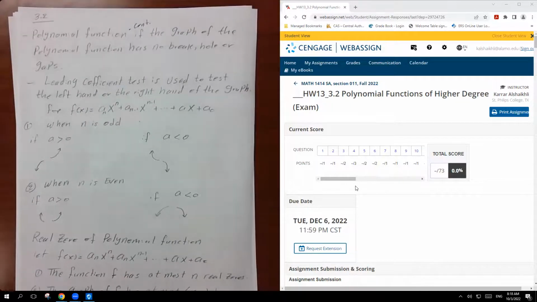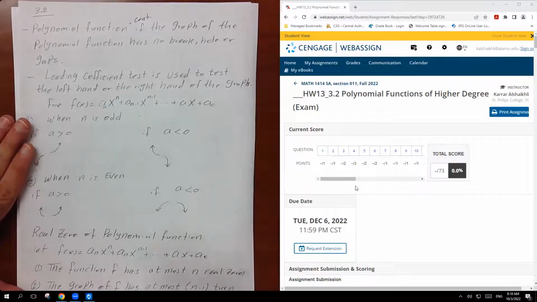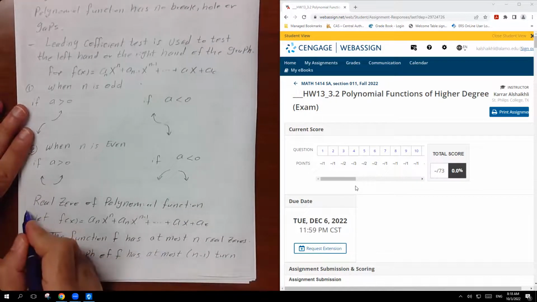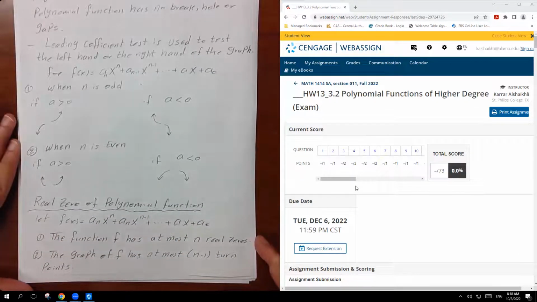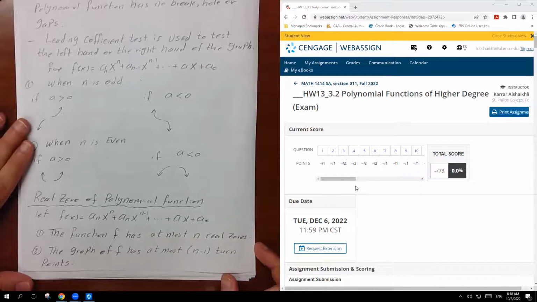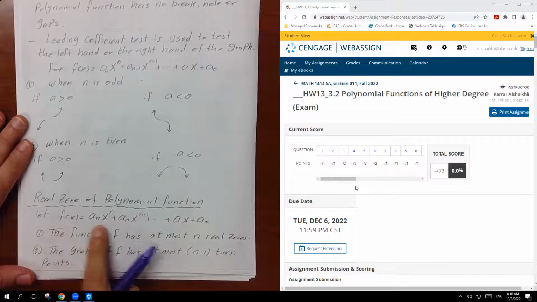Let's keep going with real zeros. For a polynomial function, we're not going to say solution anymore; they'll say real zero. Let f(x) be a polynomial function.